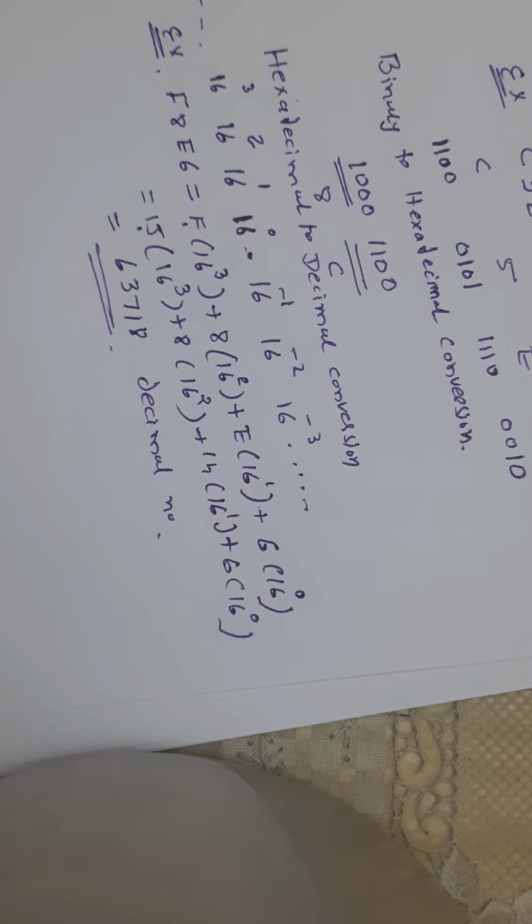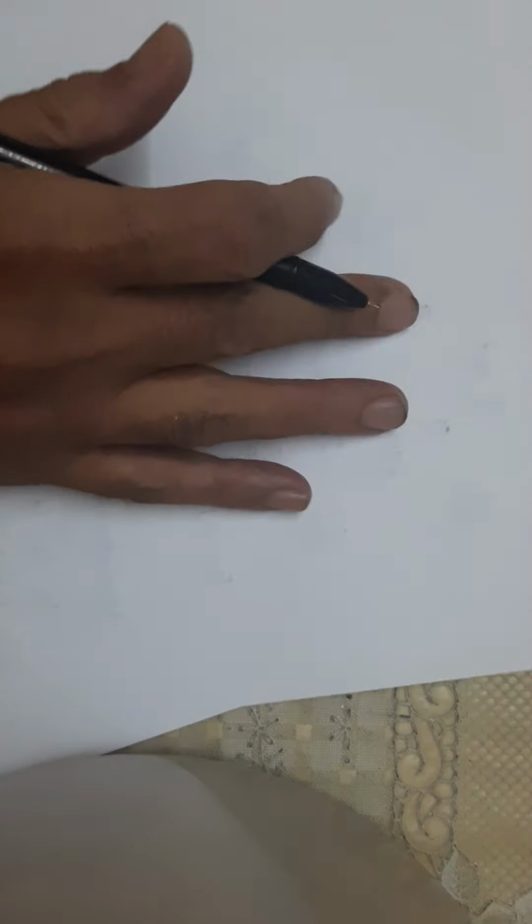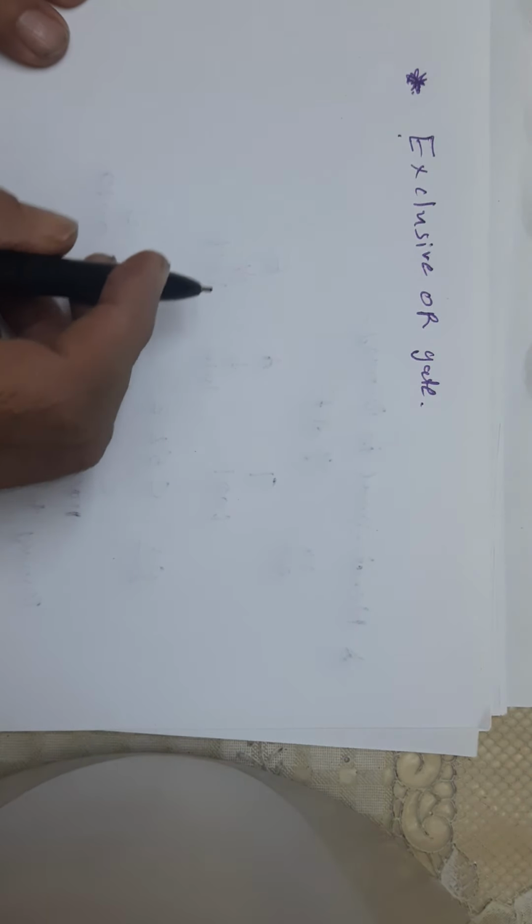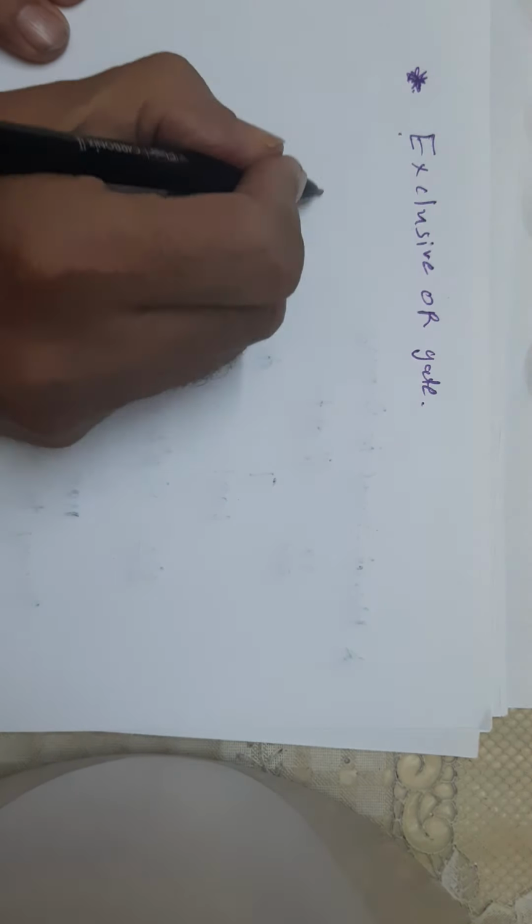Now we are discussing the exclusive OR gate, the new topic. The circuit diagram is like this: a NOT gate and an AND gate.